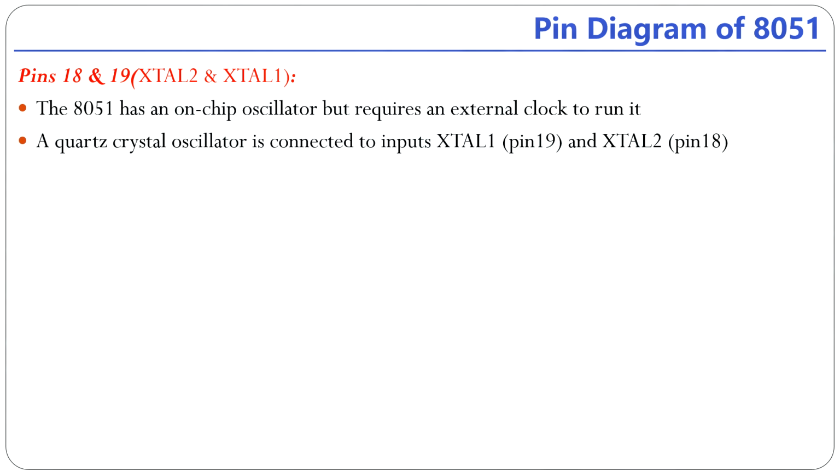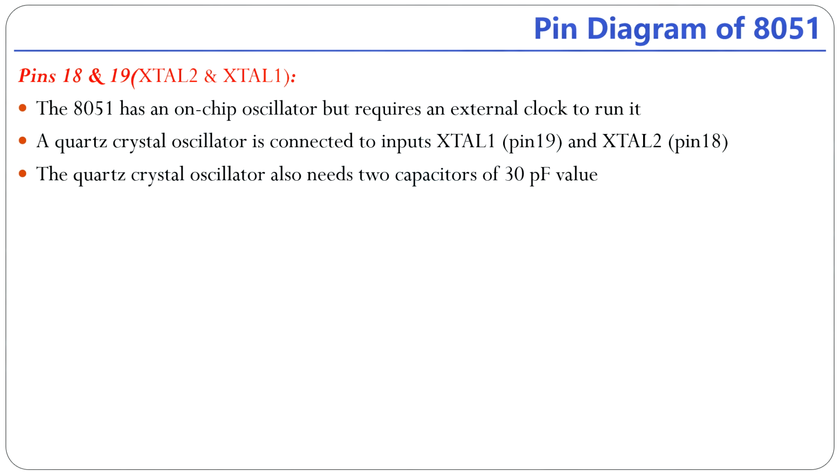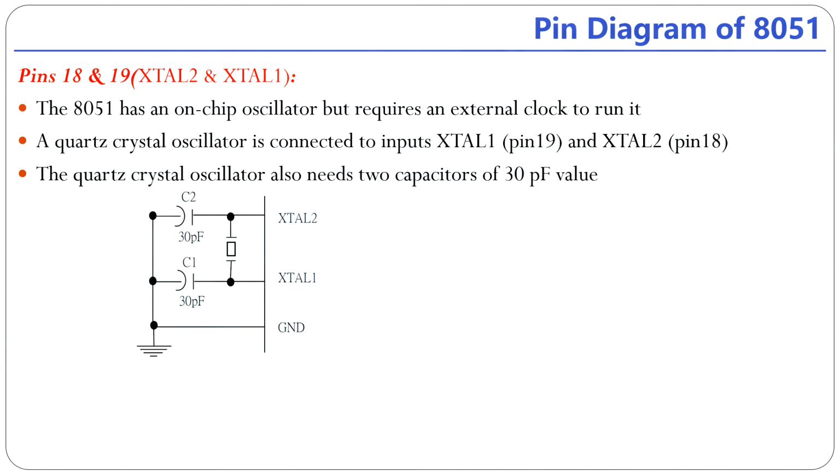So a quartz crystal oscillator is connected to the XTAL1 and XTAL2 pins to provide the required oscillator frequency. The quartz crystal oscillator needs two capacitors of 30 picofarads, and this is the connection configuration.